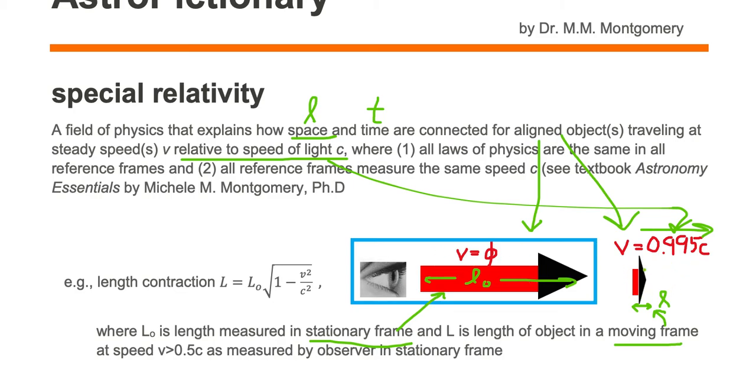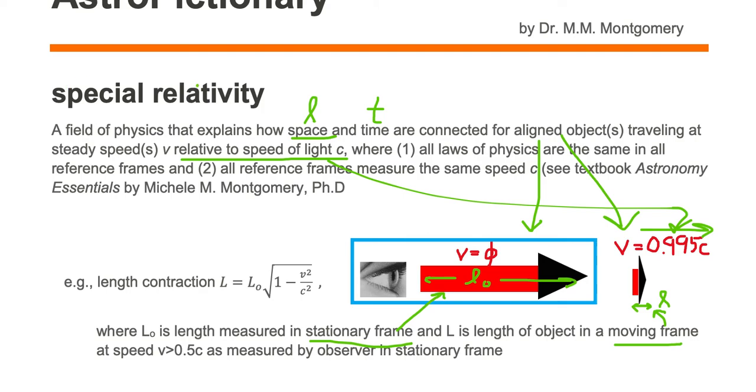If you're standing here in the moving frame on the moving rocket, all the laws of physics apply equally on the moving rocket. The second criteria is that all reference frames measure the same speed c. If you're in the stationary frame, you would measure the speed of light as speed c. If you were in the moving frame, you would also measure the speed of light as speed c.